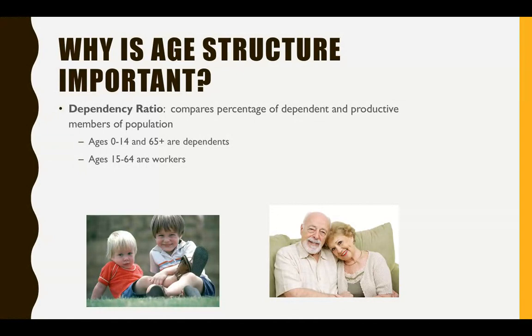And so the people between 15 and 64 are responsible for making enough money so that through social services and whatever it may be, Social Security, those dependents get the money they need. And so if you have too many dependents in a nation or in your country, then your workers are going to have to support a larger number than maybe the workers have the ability to do so.